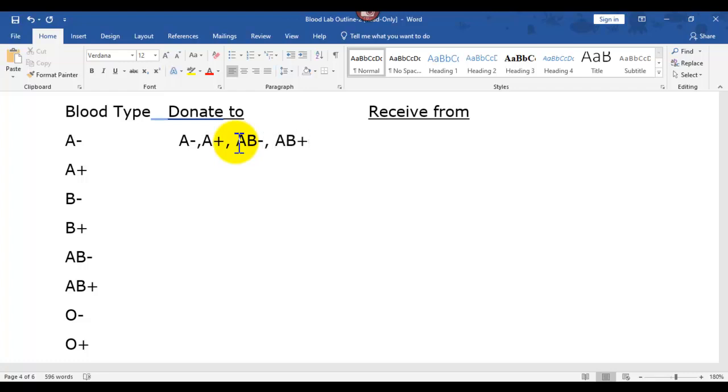There we go. So remember, AB is the universal recipient, but now we're adding it in the way it's supposed to be. Who can they receive from? A negative, A positive. And then who else? Remember? O negative, or hold on.